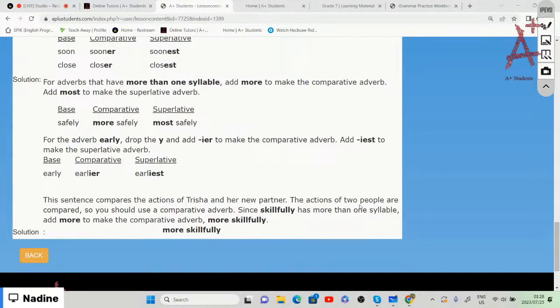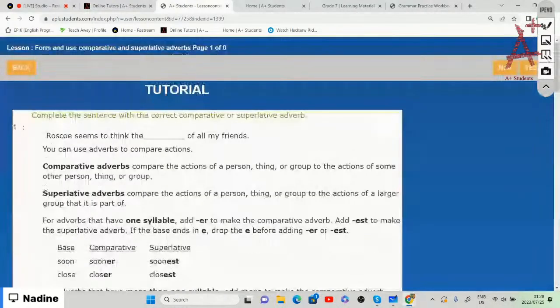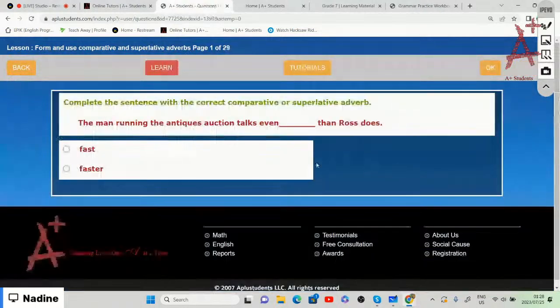Since skillfully has more than one syllable, we are going to say more skillfully. If we had to use superlative, we would have said most skillfully. All right, let's go to our test.